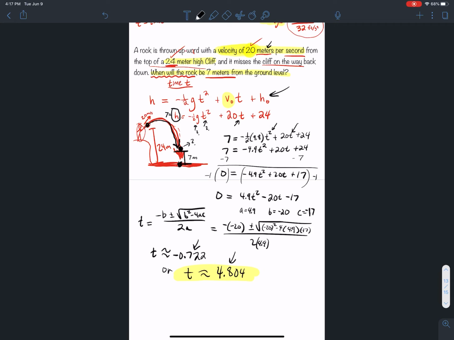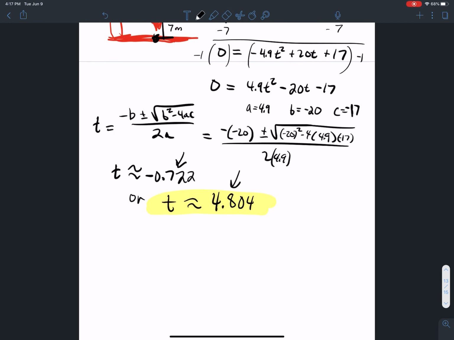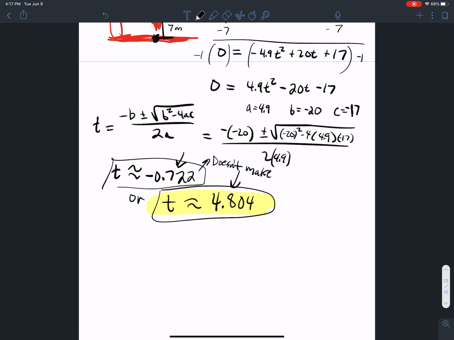So you get these two answers, but you conclude that the negative one does not make sense, since time t is greater than or equal to 0.